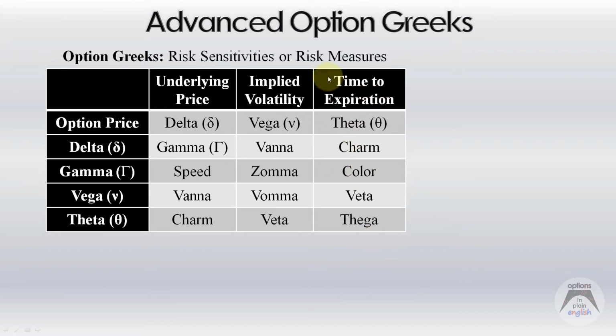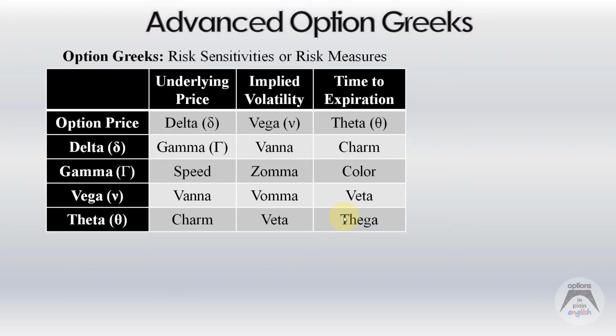Again, all of these higher order Greeks, with the exception of gamma, are going to be important to us in the sense that we need to understand how they affect our main Greeks, but we're not going to be calculating them, and we're not going to be applying them. If you are ever in a position to manage tens of millions of dollars, then those higher order Greeks are going to be factors you're going to have to pay a little bit more attention to.